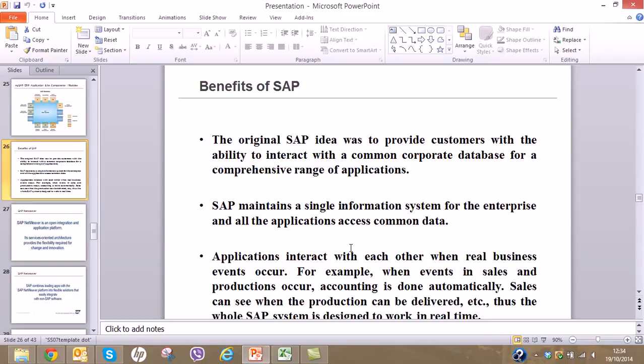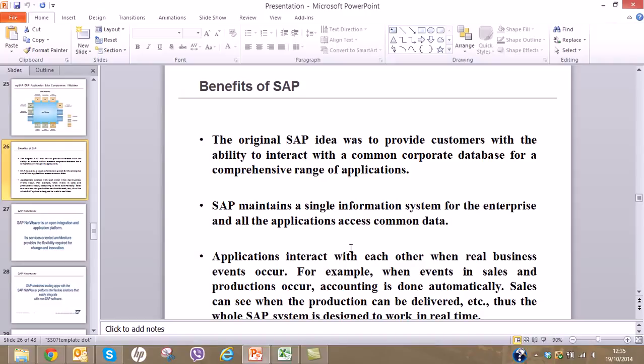When he does something, my financial statements are updated. When you sell something, my financial statements are automatically updated. How? It is integrated. That's why SAP is sometimes called IS, integrated solution. That's what the first line means.